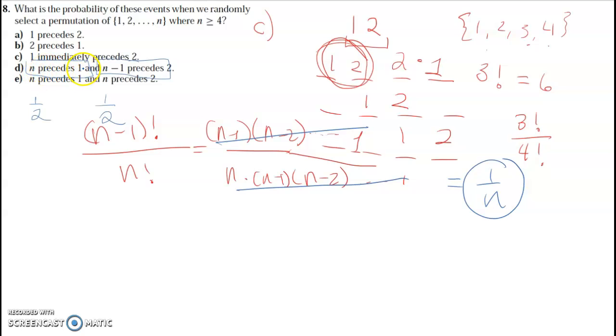Notice how all of these numbers are different: 1, 2, and if n is 4, then this would be 4, and n minus 1 would be 3. Because all of these numbers are different, these will be independent events. They will not be depending on each other. Which means, for independent events, we can multiply, so the answer for D would be 1 over 4.